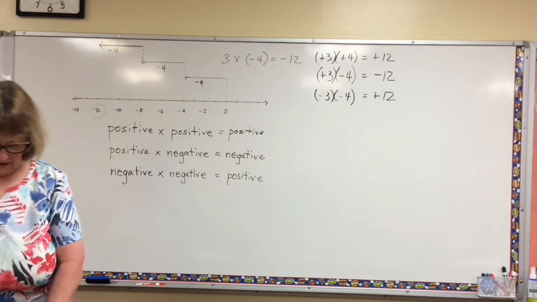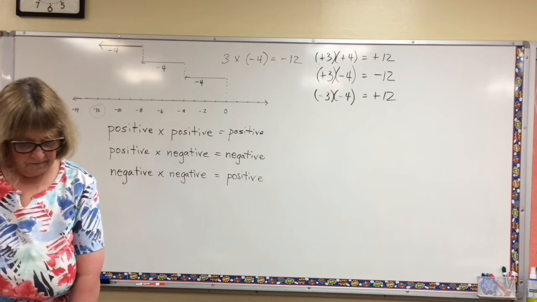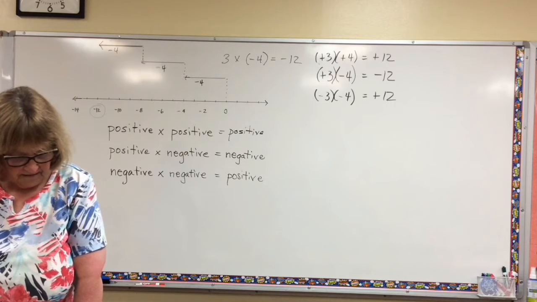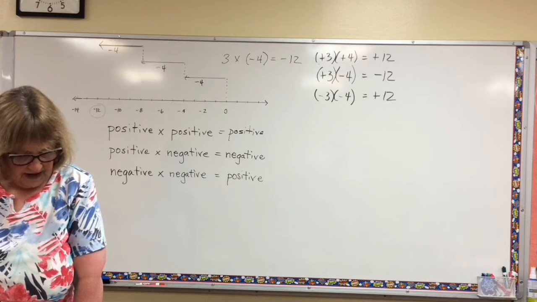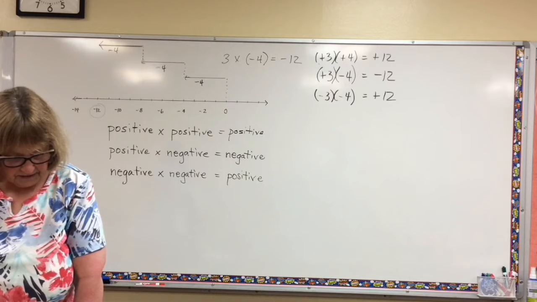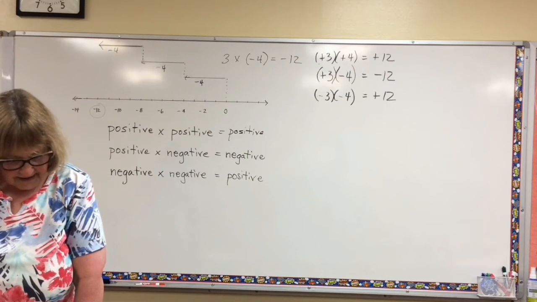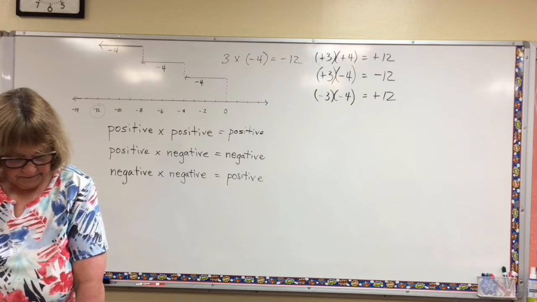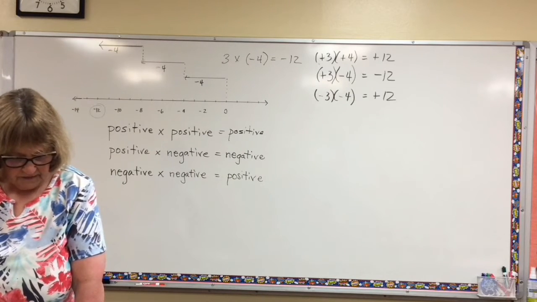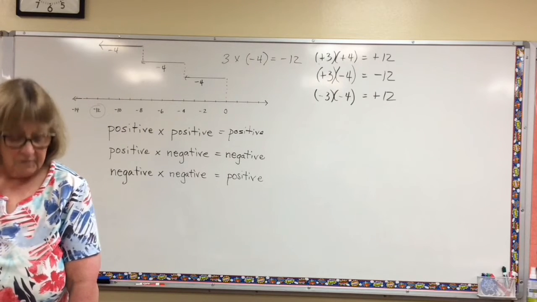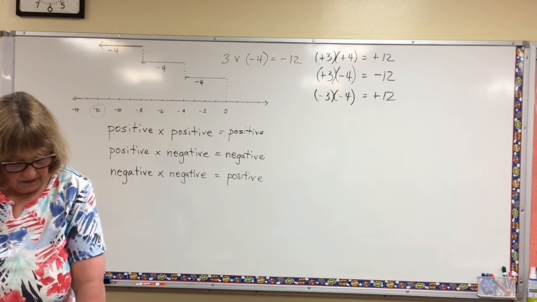Okay, look at the top of page 588. So we have up there positive 3 times negative 4 equals negative 12. When we multiply two negative numbers, the product is positive. Consider this. 3 times 4 is 12. 3 times the opposite of 4 is the opposite of 12. That's negative 12. But look at number 3.